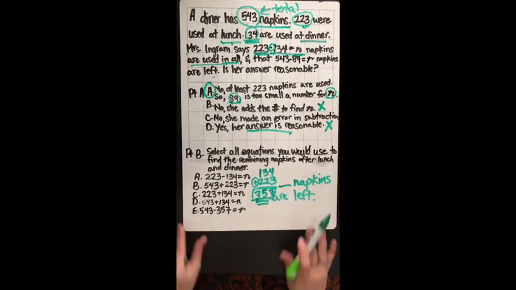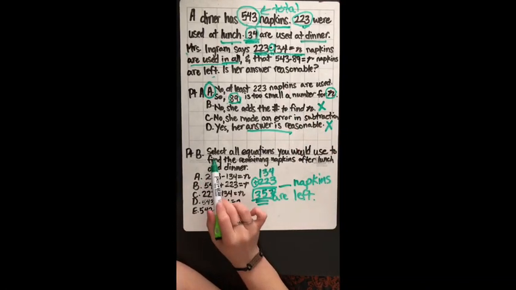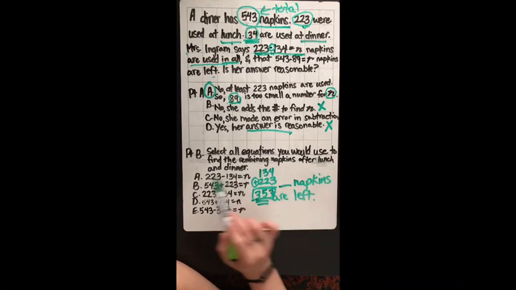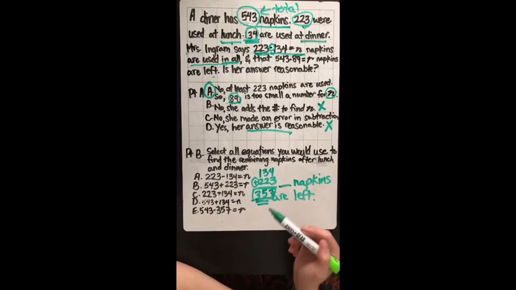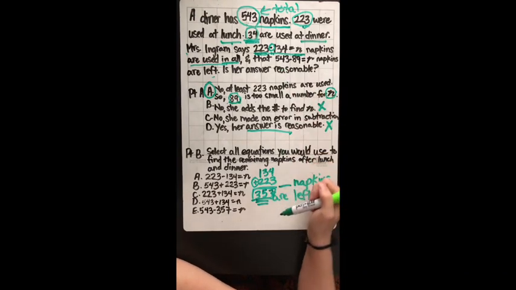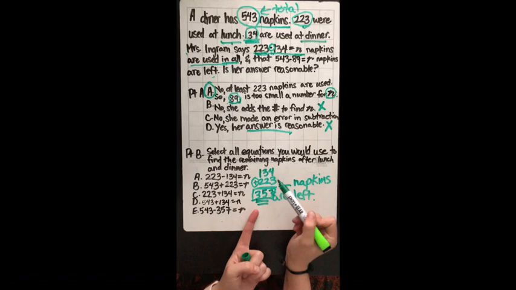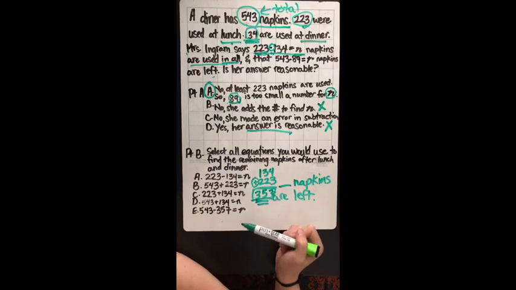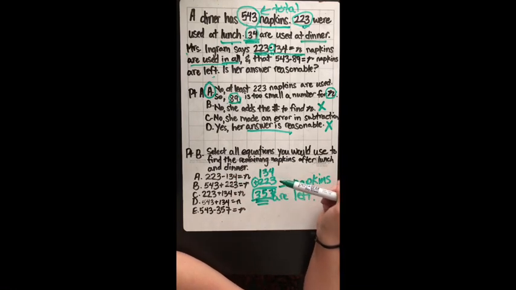Now, part B. Select all the equations you would use to find the remaining napkins after lunch and dinner. We only solved one step of our two-step problem up here. So the first thing we can do is check whether this equation is one of the possible answers. If it is, then we'll know that it is correct.